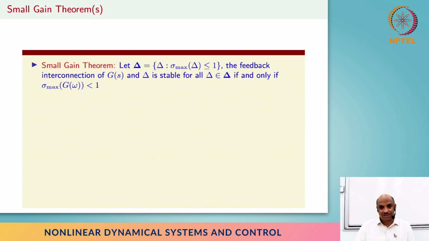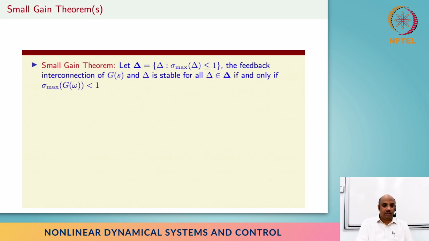This necessary and sufficient condition is kind of a tricky thing. You have to really analyze and understand under what conditions it holds. But at least as a sufficient condition, if the maximum singular value of G of j omega is less than 1 for all omega, then we are guaranteed stability of the feedback interconnection, right?